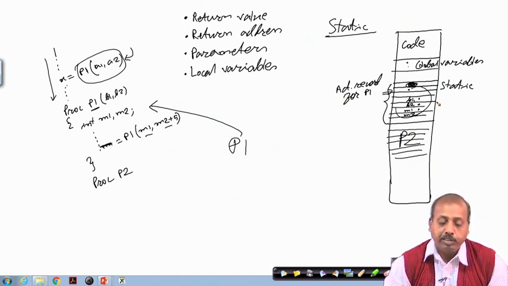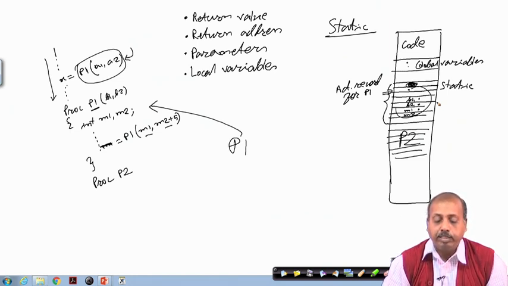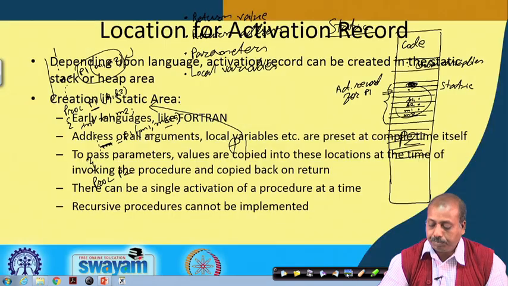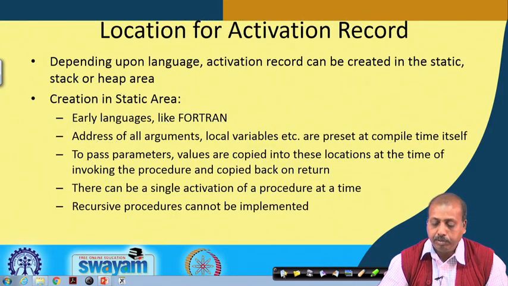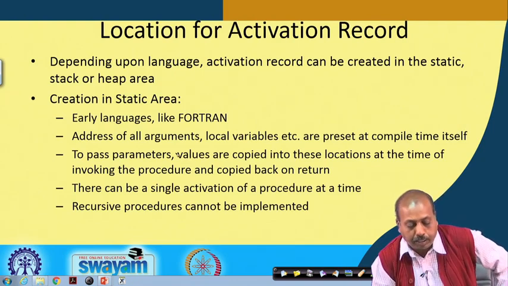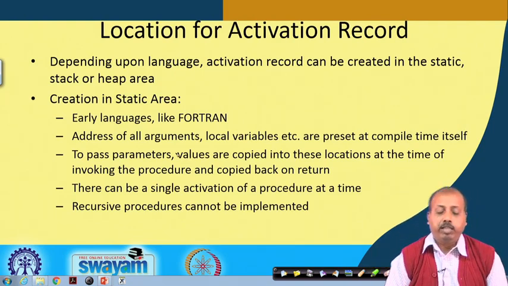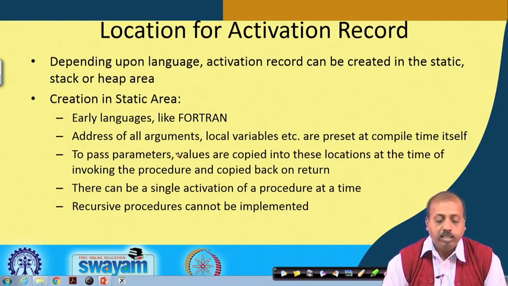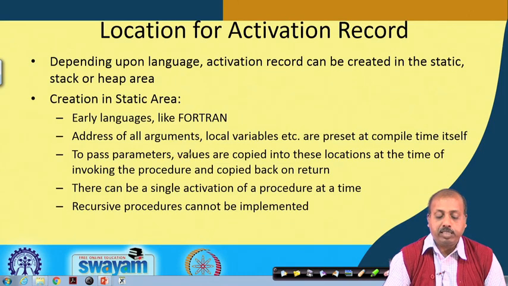So, for the static allocation of activation record, only one procedure call should be active at a time. Coming back to the point that we were discussing, it was there in the early programming languages like Fortran. In Fortran you do not have recursion, so there it was possible. The addresses of all arguments, local variables etcetera are computed at compile time itself, and we fix some locations for them.